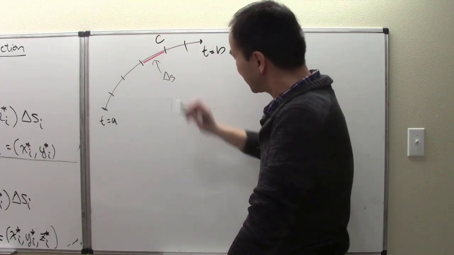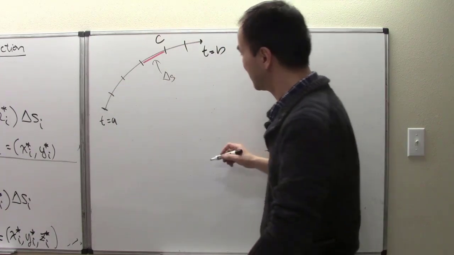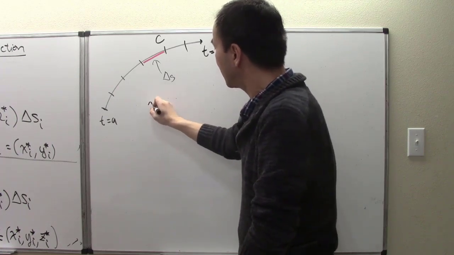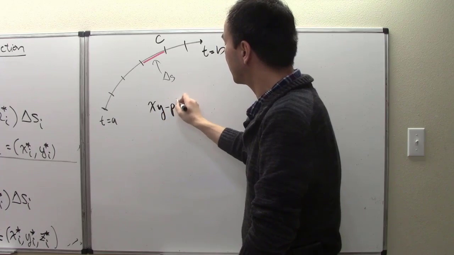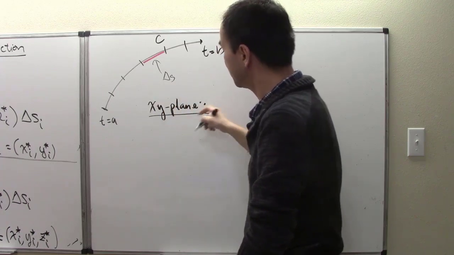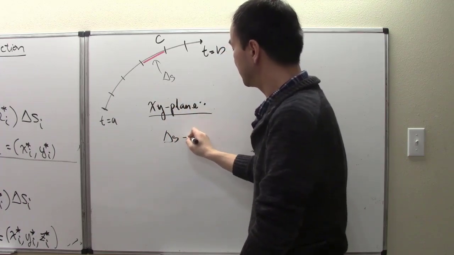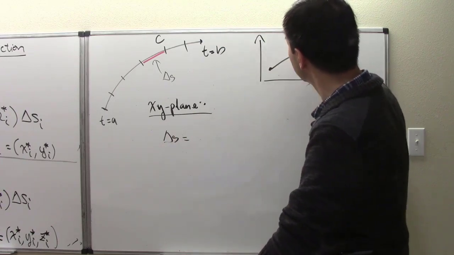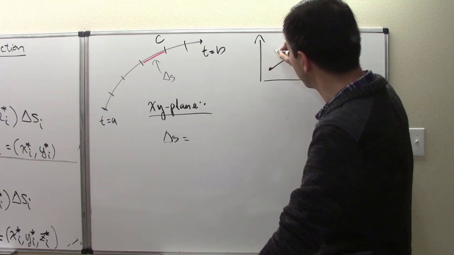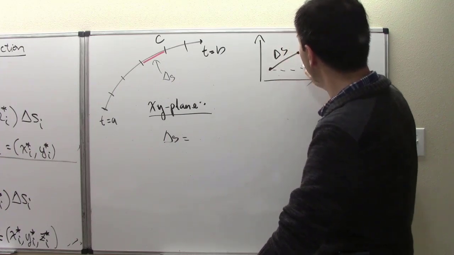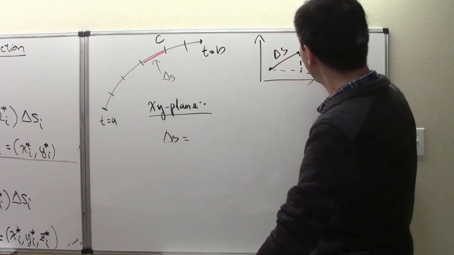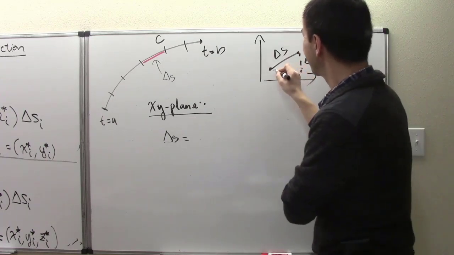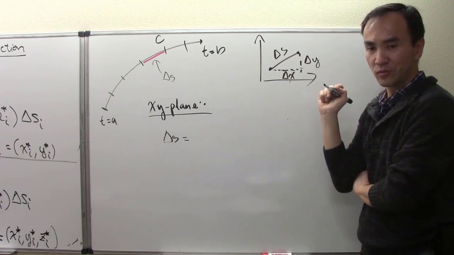Then the delta S here, let's look at that even further. For delta S, on the x and y plane specifically, we understood that delta S here is just any straight segment right here. So as a triangular setup, there's a delta y here and delta x here, according to my picture.